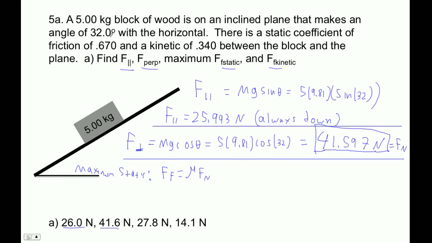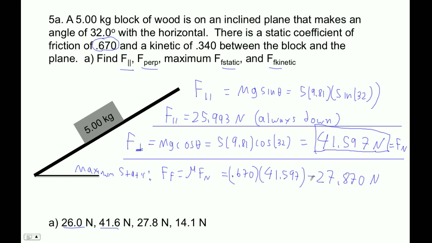So for the maximum static friction, all we do is use that coefficient right there, 0.670, and multiply by 41.597. Times 0.67, I get 27.870 newtons of force.